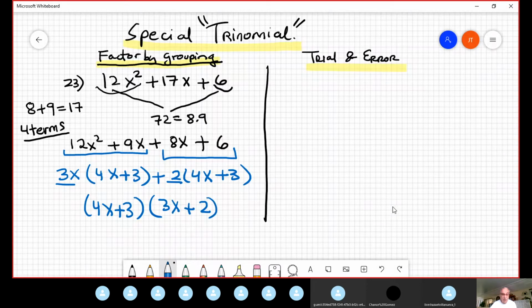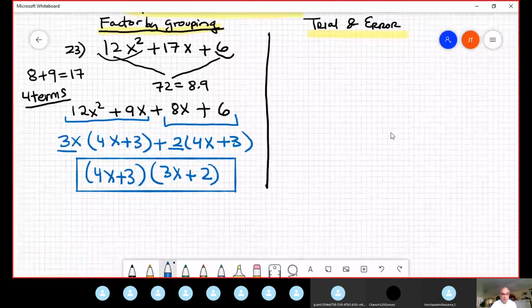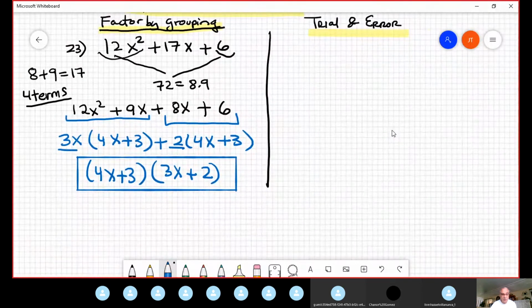I finished. This is the answer, but I strongly recommend checking if this factorization is good or not. The checking is super easy because you are working backward. You FOIL. I finished this, but in order to make sure my answer is correct, I check it. You apply FOIL.